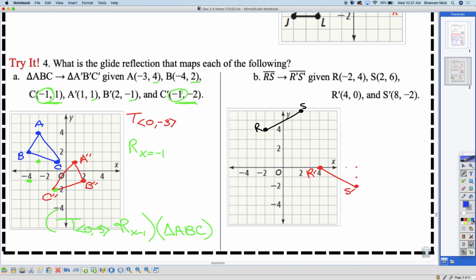Okay, so I'm gonna go translation. So I got 1, 2, 3, 4, 5, 6. So if I move it over 6, do I end up right above where I need to be? Okay, so right 6, is that an X or a Y? That is an X. Okay, so I have a translation of 6, 0.